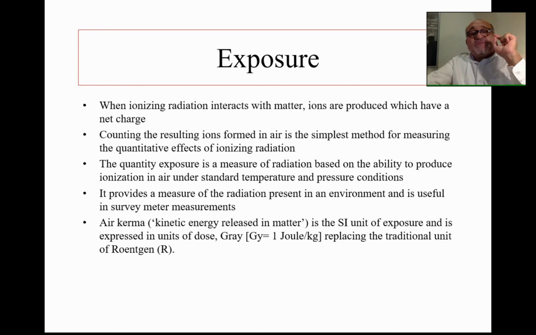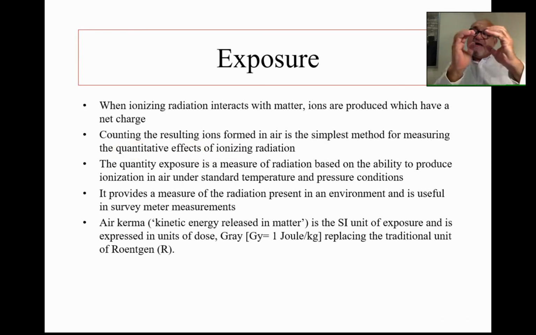Exposure. When ionizing radiation interacts with matter, ions are produced which have net charge, either positive or negative. They are equal by the end. Counting the resulting ions which are formed in air is the simplest method of measuring the quantitative effects of radiation. I again concentrate on the quantitative.